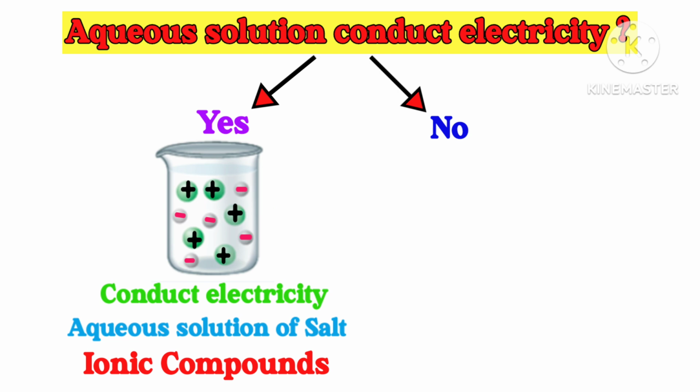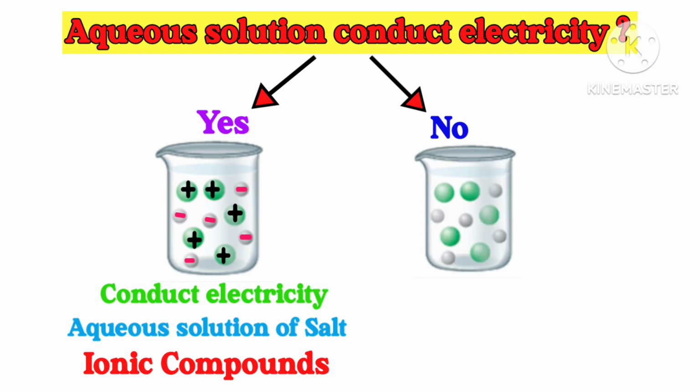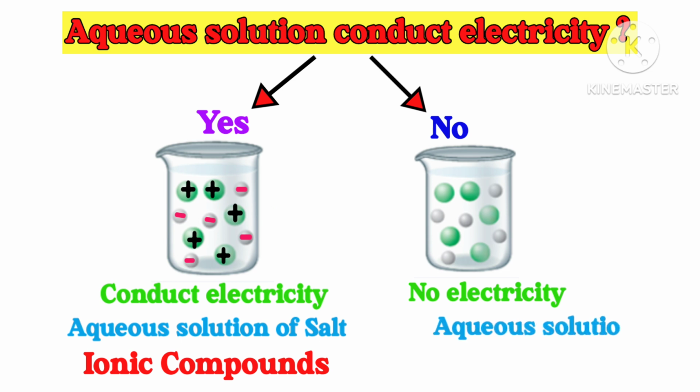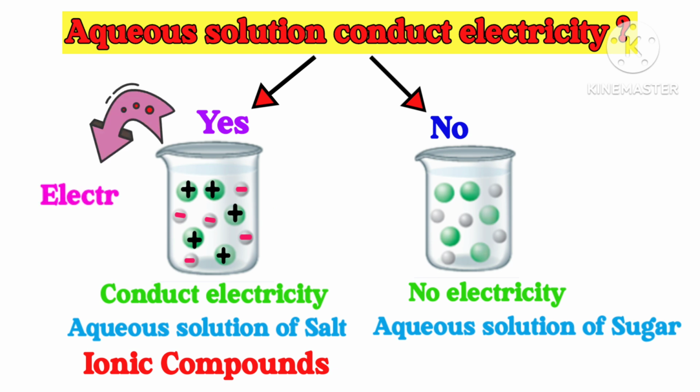Now, if there are no free ions in the aqueous solution, then it will not conduct electricity. Like aqueous solution of sugar, there are no free ions in aqueous solution of sugar, so it does not conduct electricity. Remember that those aqueous solutions which conduct electricity are called electrolytes.